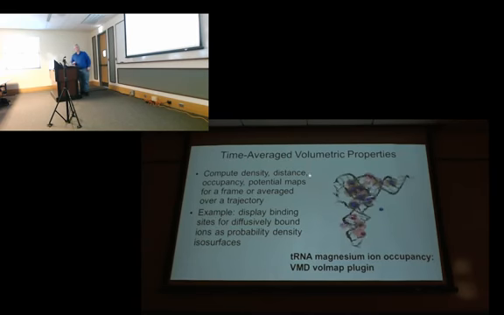We have tools for taking a trajectory and computing volumetric properties like the occupancy of magnesium ions throughout a simulation. Here we've watched those ions jiggling around in the simulation, and as they spend time in one spot, it adds up that time in each little grid point in space.